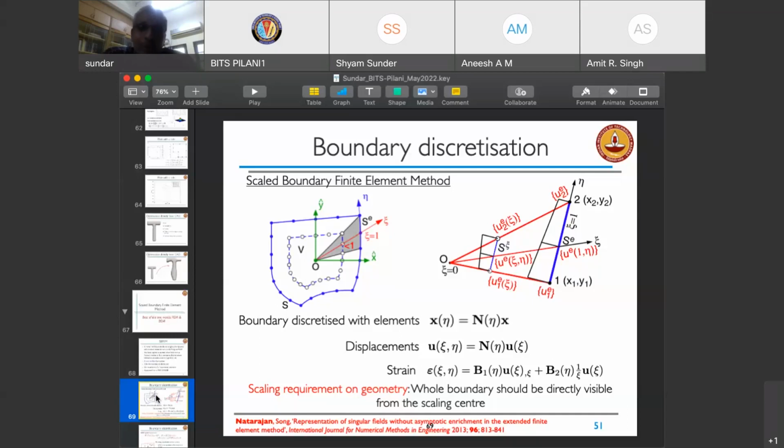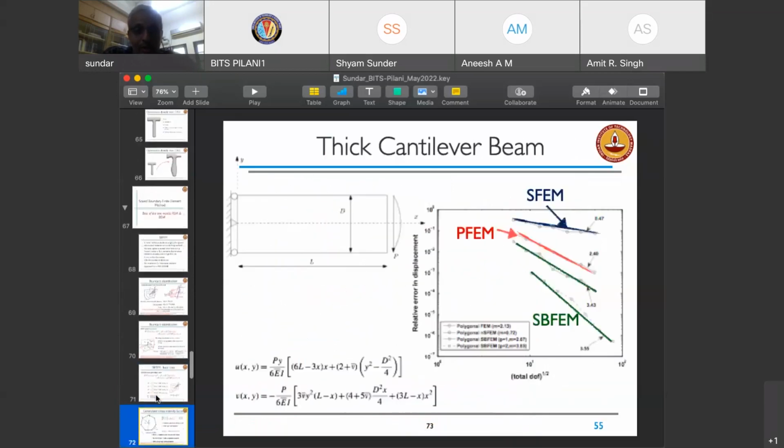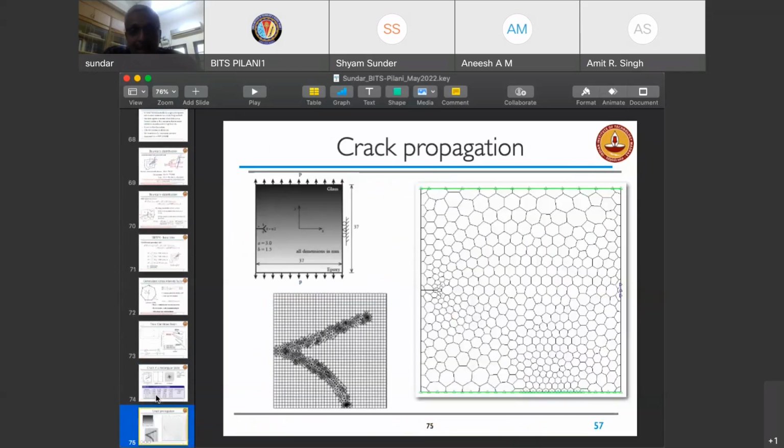So in those cases, what we do is we divide the region into smaller regions, and that's what you saw in this example, where the domain itself is divided into polygons. I see. And we can use scaled boundary on each of these polygons. Although here, if I consider the crack, then the domain becomes concave.